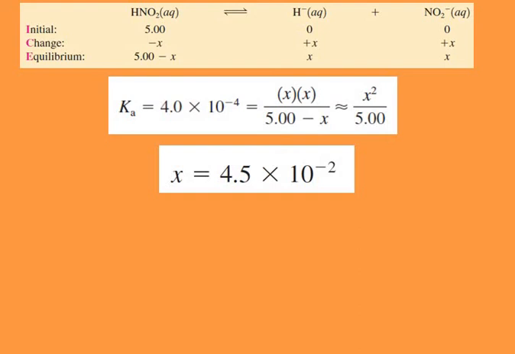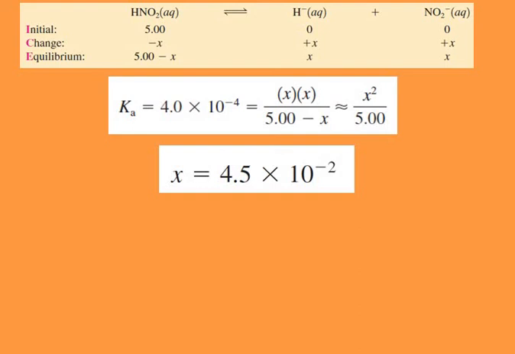So Ka, which is 4 times 10 to the power of negative 4, equals X times X divided by 5 minus X, and it's approximately 5 because X is much smaller than 5. So X squared will be 5 times 4 times 10 to the power of negative 4, which gives X as 4.5 times 10 to the power of negative 2. That's the proton concentration.